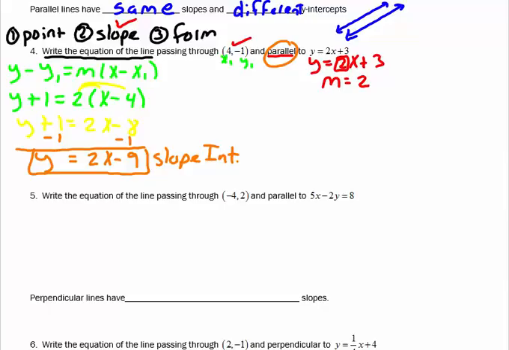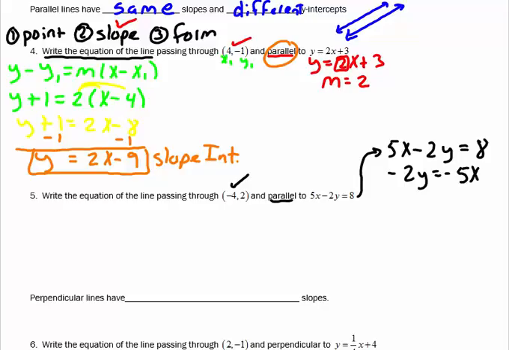Going through the list of the things we need, a point, got it. Do we have the slope? No, but can we find the slope? Yes, because if we're parallel to 5x minus 2y equals 8, I just need to find the slope of this line, and I'll use the same slope. Well, to find the slope of a line given an equation, I need to put it into slope-intercept form. So I'll subtract over the 5x, so negative 2y equals negative 5x plus 8.